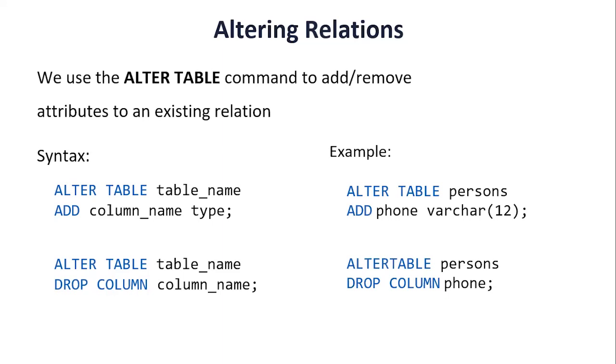In the first one, we are adding a new column to the persons table called phone, and that's going to be a varchar column of 12 characters. And then if you want to just drop that new column, you can simply say alter table persons and drop column phone.